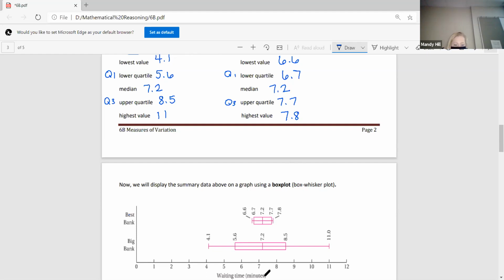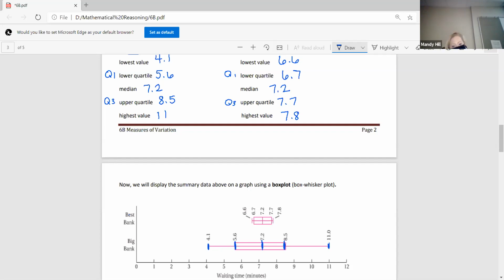When I'm doing this, the first thing I do is put marks at each of these important numbers. I would deal with the first one first. 4.1 is about right here, so I would put a line right there. 5.6, which is our next number, a line right there. 7.2, 8.5, 11. I go ahead and mark all my lines down, which are my important numbers.